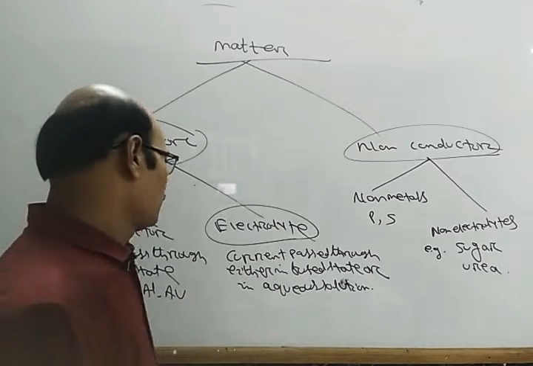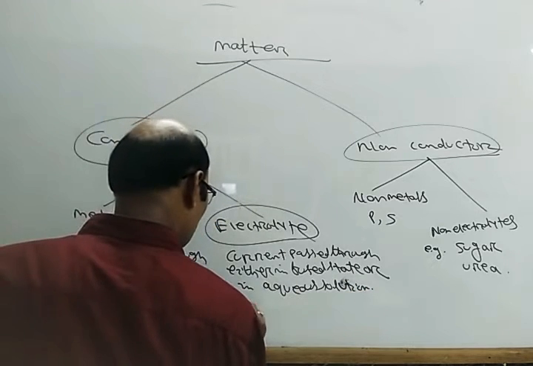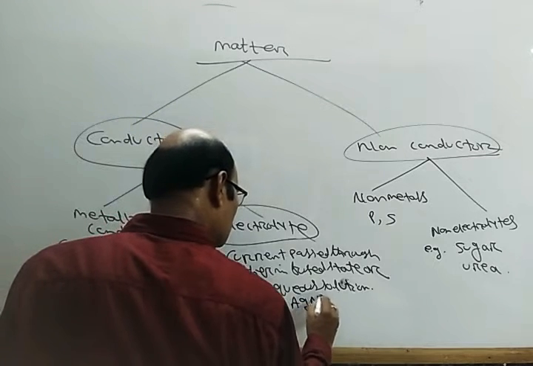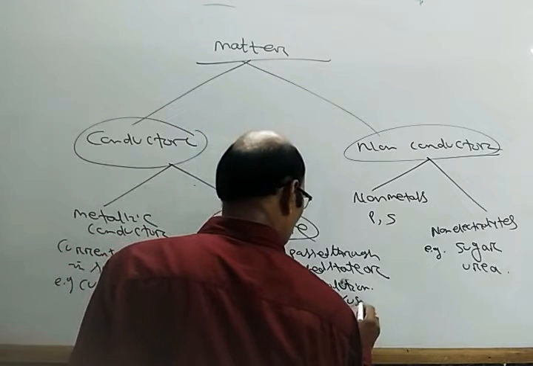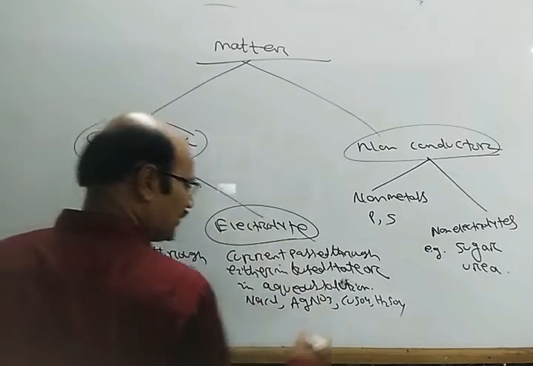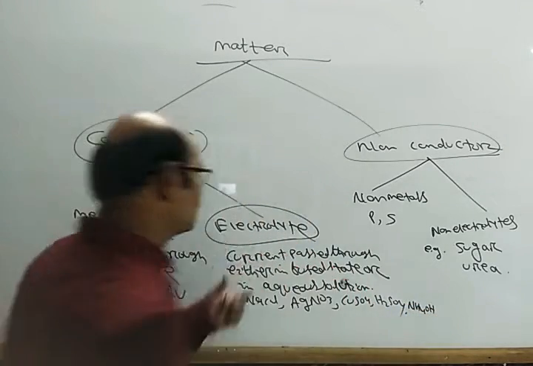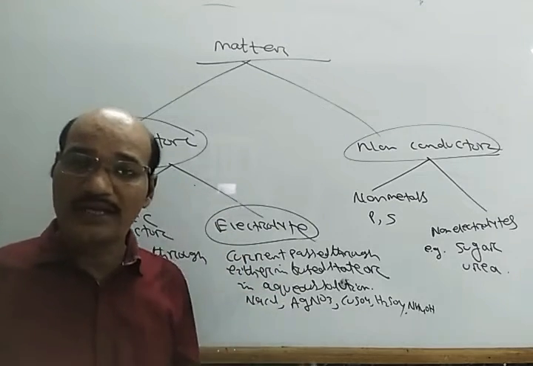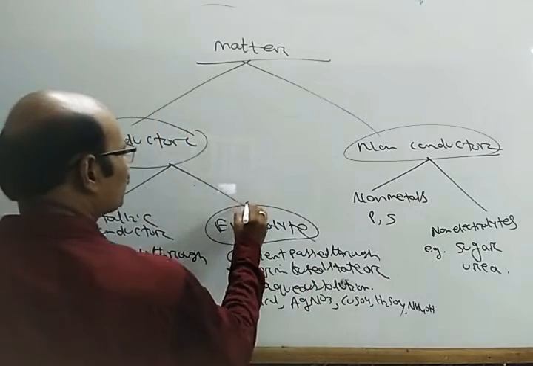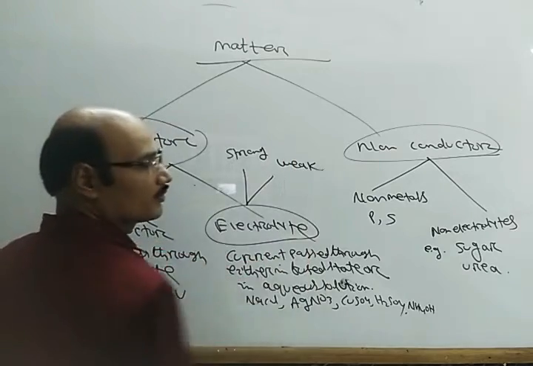Now, about electrolytes, you can take examples of NaCl, AgNO3, copper sulfate, H2SO4, and NH4OH. These are kinds of electrolytes, and they can be of two kinds, strong electrolytes and weak electrolytes.